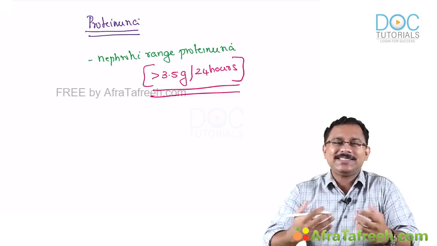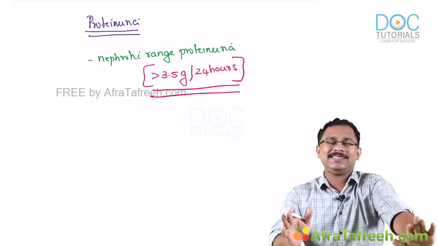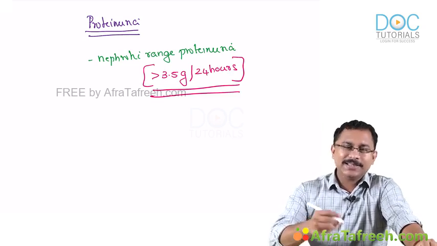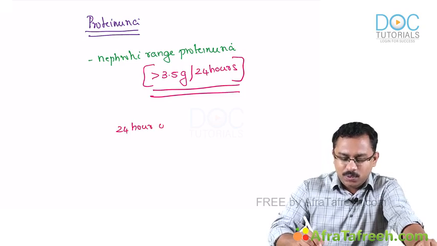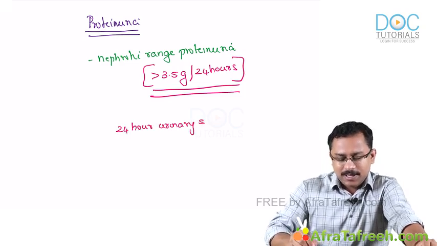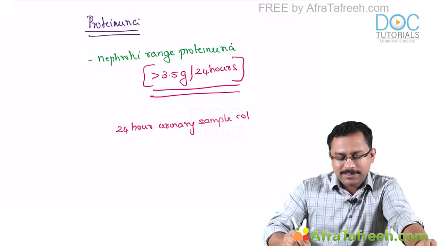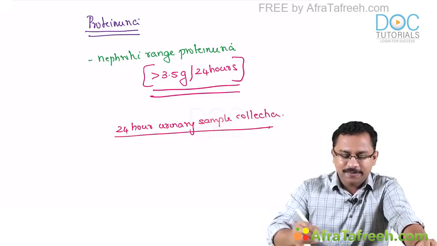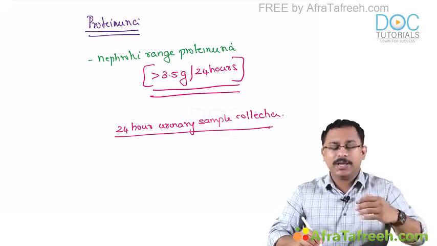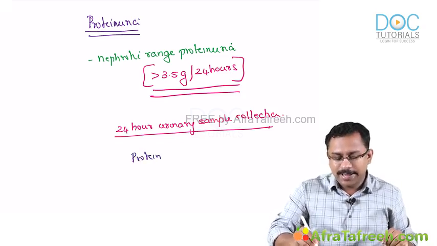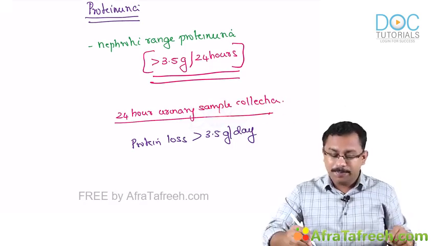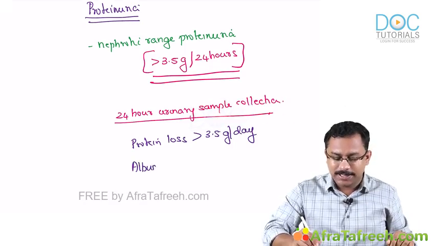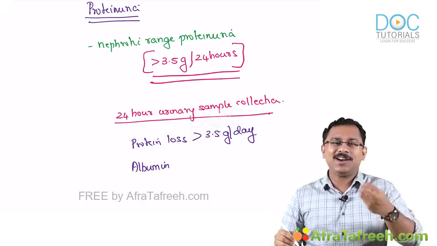And how do you say that a patient has nephrotic range proteinuria? There are a couple of ways. One is you can go for a 24-hour urinary sample collection, and when the total protein loss is more than 3.5 gram per day, or you can say an albumin loss, because in your proteinuria, albumin is one of the components.